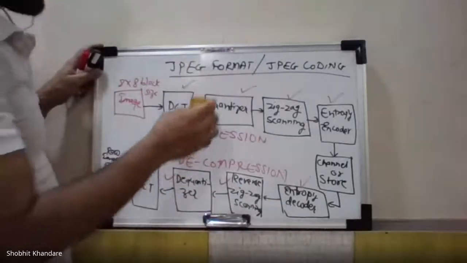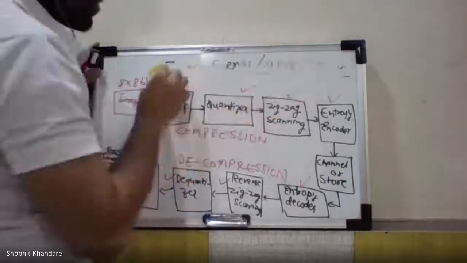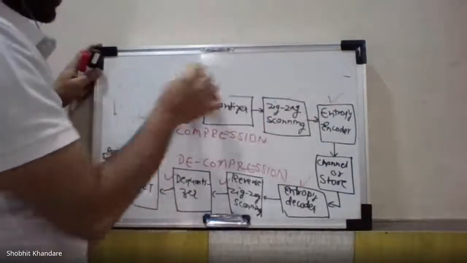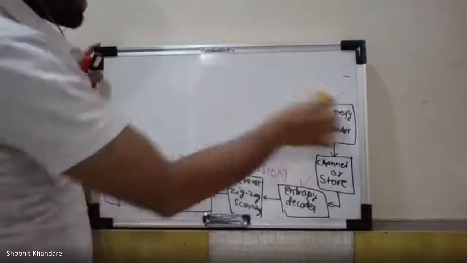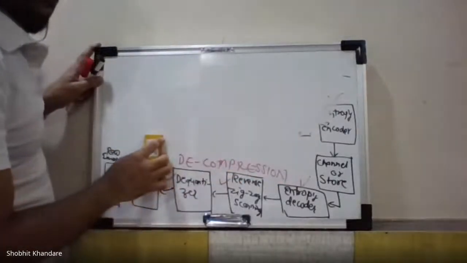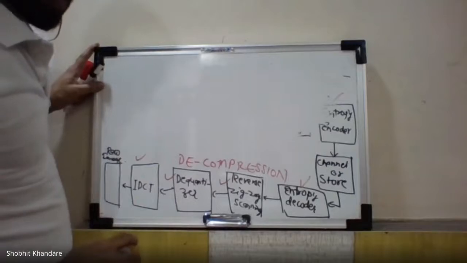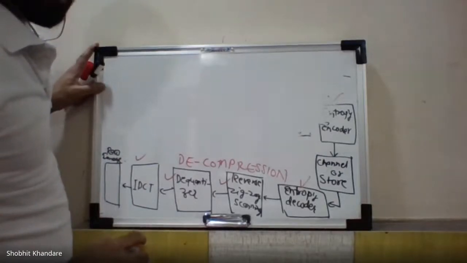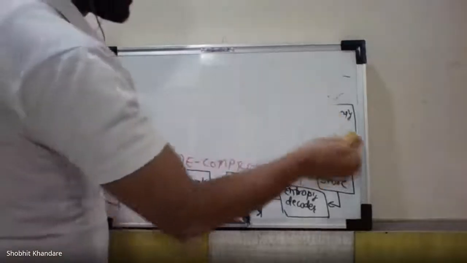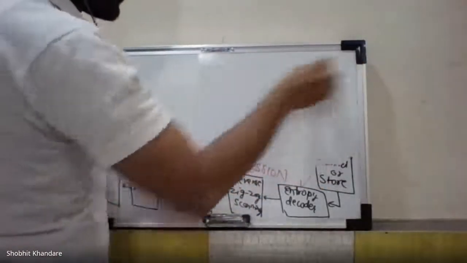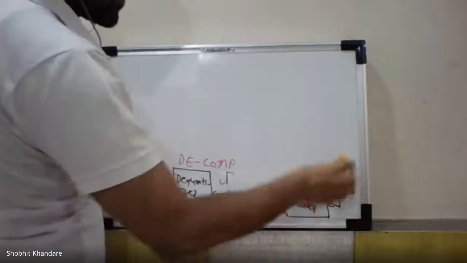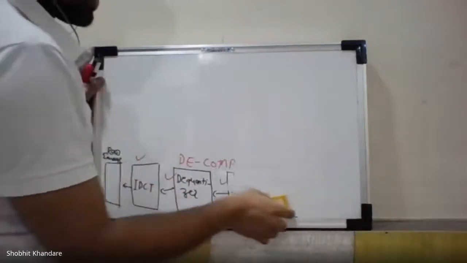This is a block diagram for JPEG format. So write down something about the JPEG format. Please write down number 1. JPEG stands for Joint Photographic Experts Group. So the JPEG full form you should know.